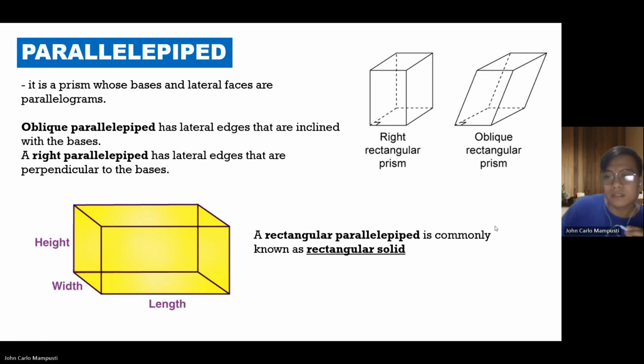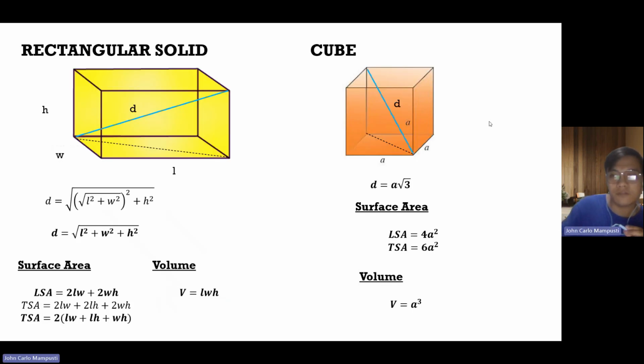Okay? So, a rectangular parallelepiped is also called a rectangular solid. So it has a height, a width, and a length. So this is the formula na kailangan natin, no? So for the rectangular solid, of course, we have height, width, and length.